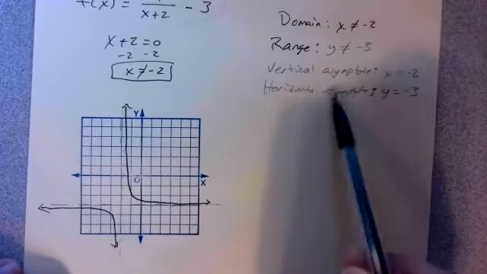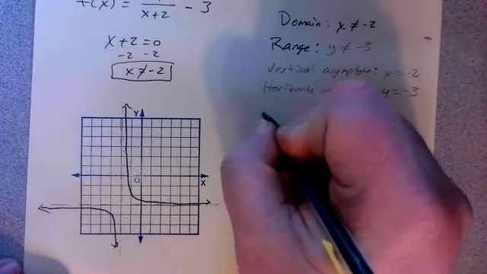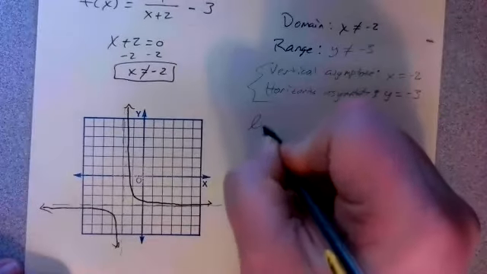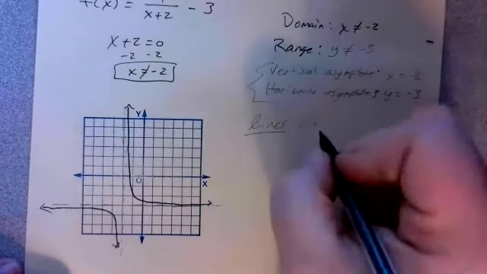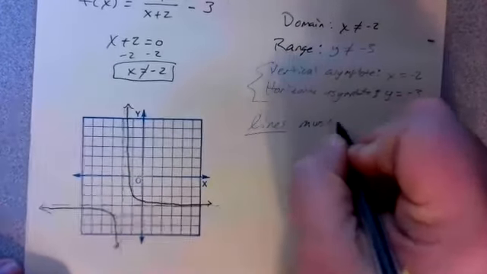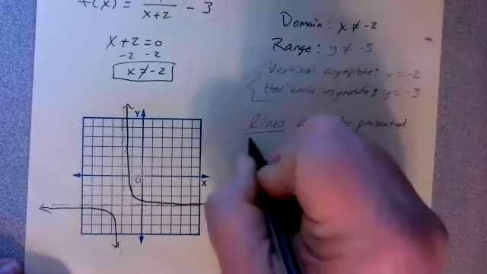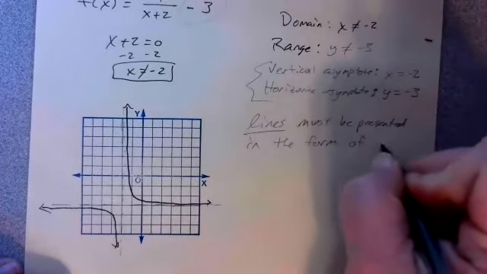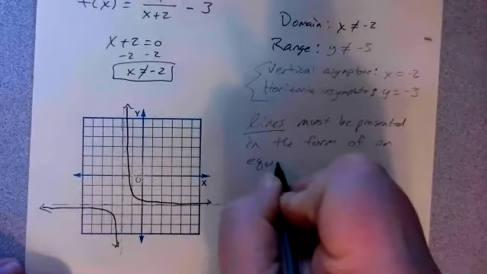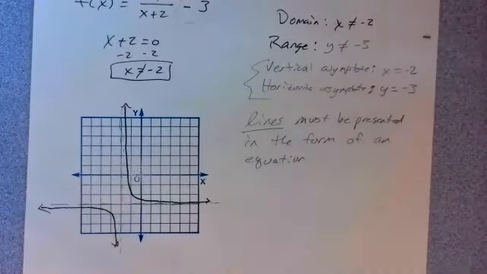Now, asymptotes are lines. These are lines, and they must be presented in the form of an equation. All right, lines. All lines must be presented in the form of an equation.